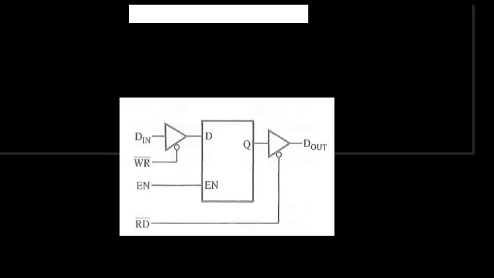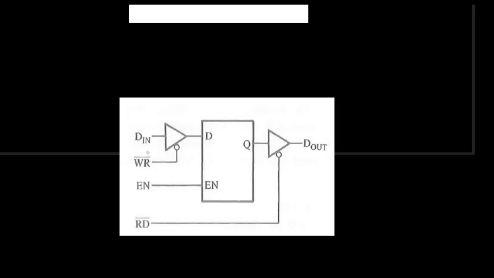Then suppose some data is inside this flip-flop or memory cell. Suppose this data is 1 inside the memory cell, and we want to read the data. Of course it is always enabled, and we have to enable this read signal. If this becomes 0, this buffer gets enabled and this data comes out. So here we see we have control over the read and write operations.